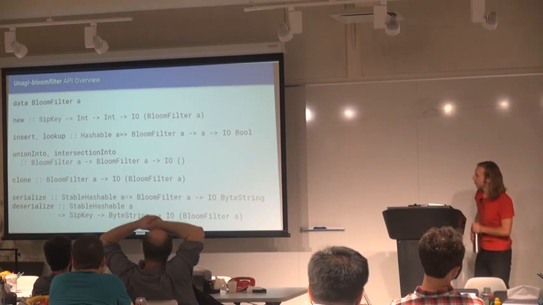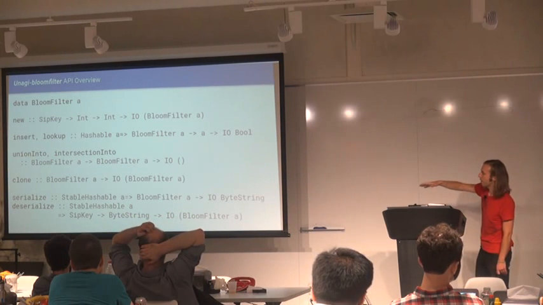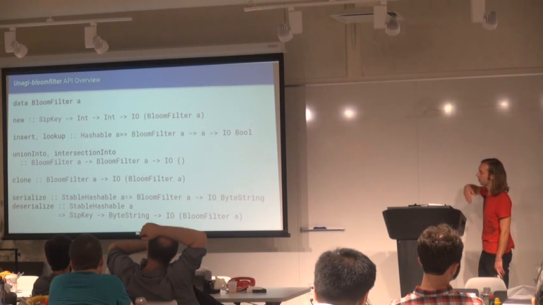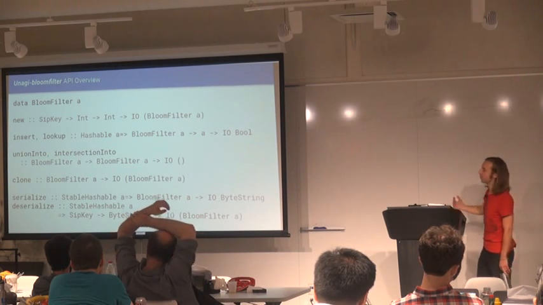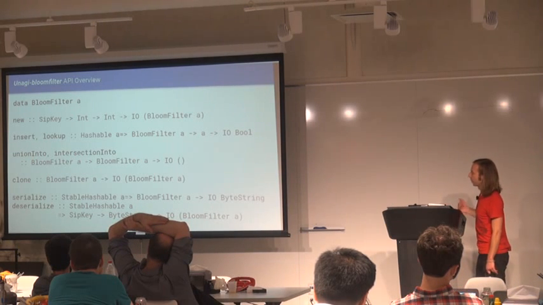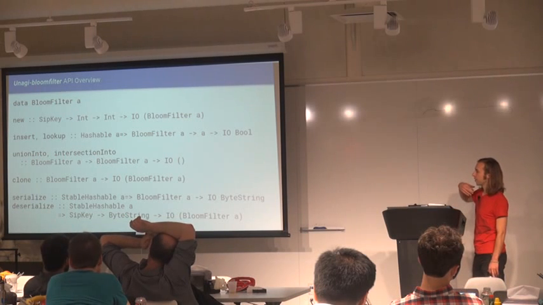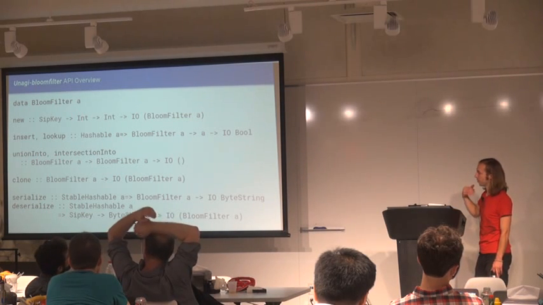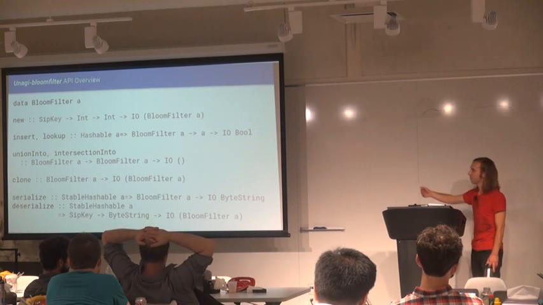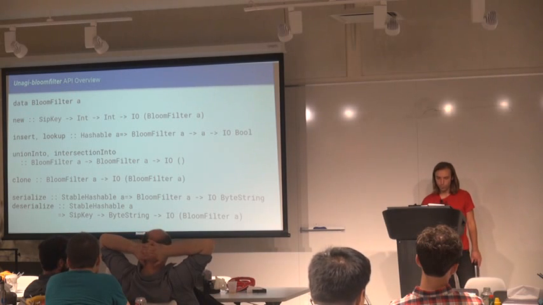I'll go into what StableHashable is, but basically that class is a class of hashable types for which we can version. StableHashable lets us tell, when we deserialize a Bloom filter and try to hash new elements to it, whether those hashes are actually valid. So it's basically a way of versioning the hashes that we're using.